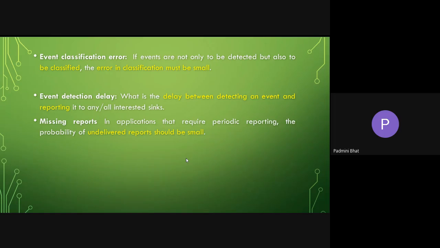Whatever optimizing parameters you have, you have to take care of them. I repeat, for all applications all these things are not required. Sometimes delay can be okay.